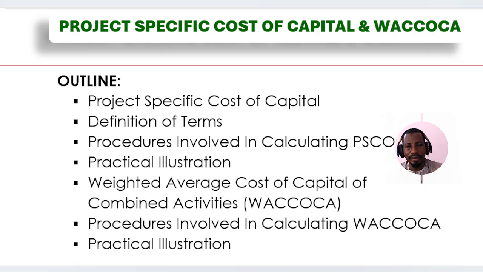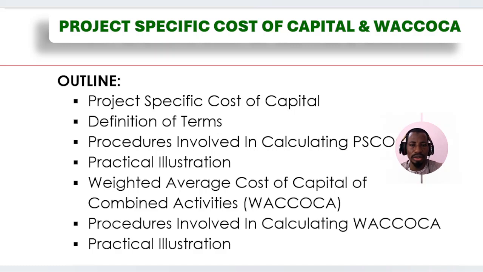In our last class, we discussed the concept of cost of capital, where we dissected the introduction to cost of capital, the importance of cost of capital, and how to compute the cost of individual sources of capital, including cost of equity, cost of preference share, and then cost of debt.